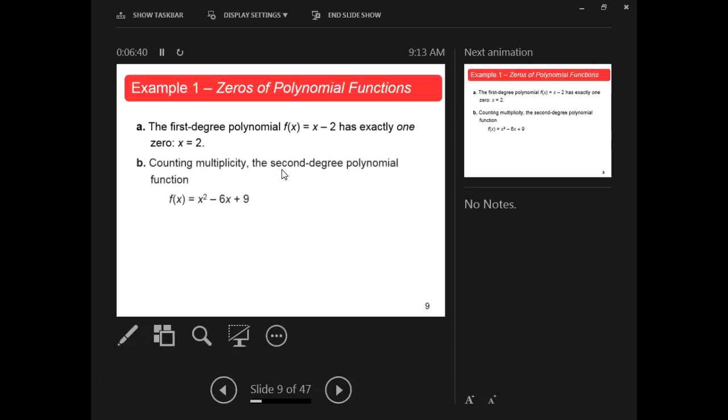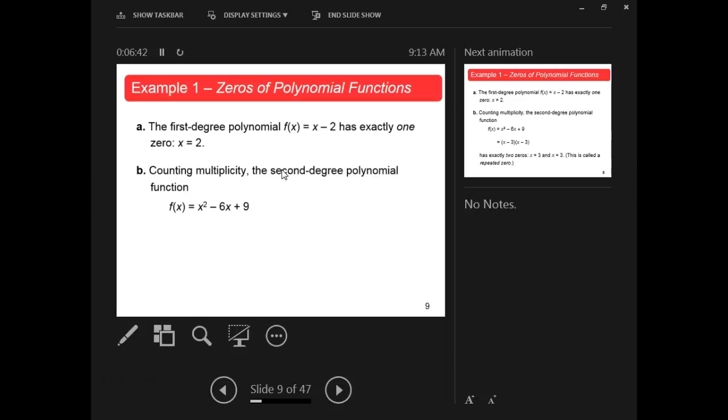How about this one? Counting multiplicity, the second degree polynomial function has how many? 2. Has to have. And this happens to be a perfect square trinomial. So what would its factoring be? x minus 3 times x minus 3.